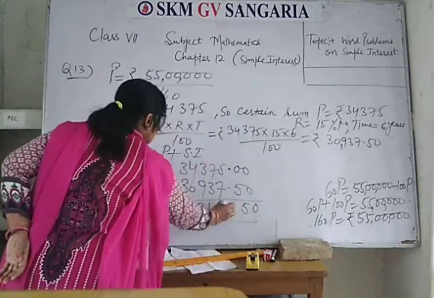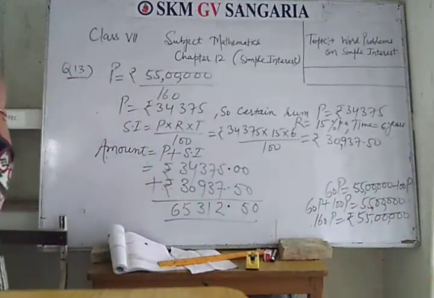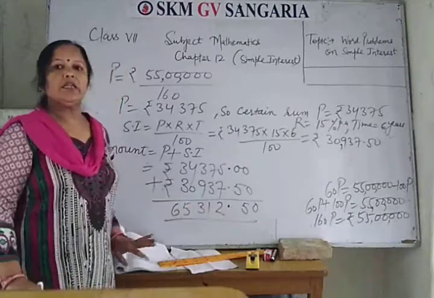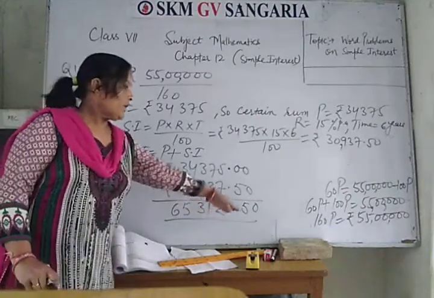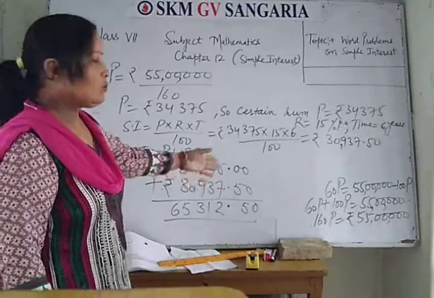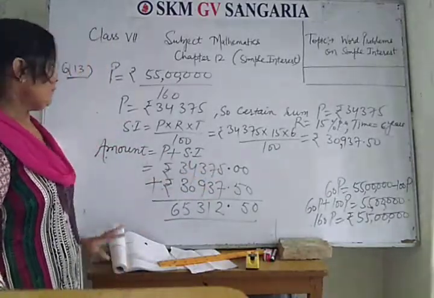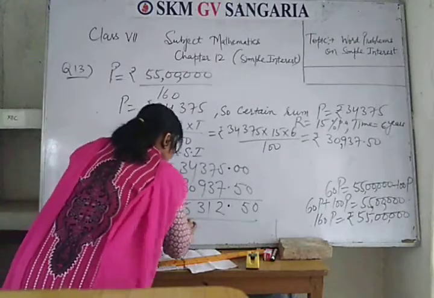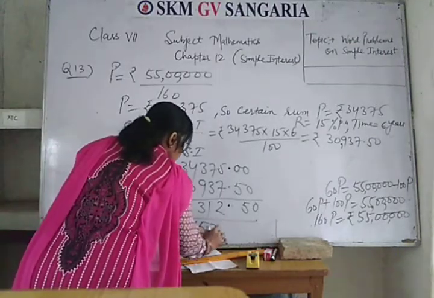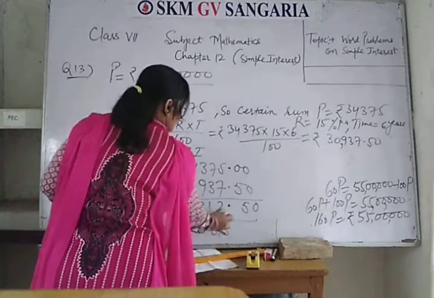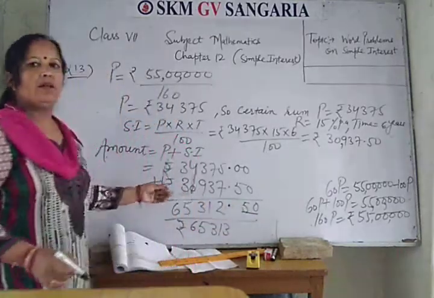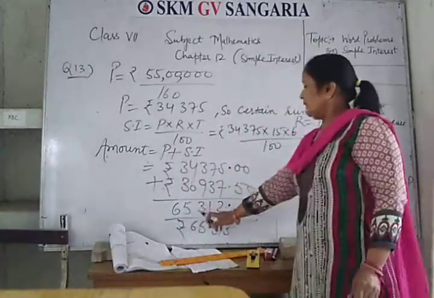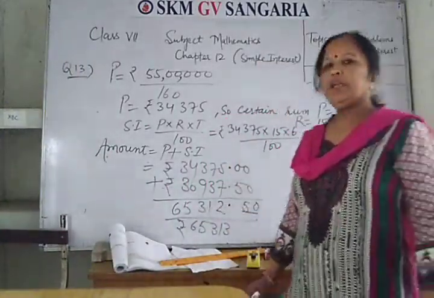Or approximately you can round it to rupees 65,313, because we are getting 50 paise here, so it will be rounded off. And you will get rupees 65,313.